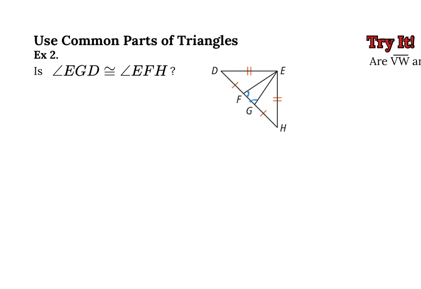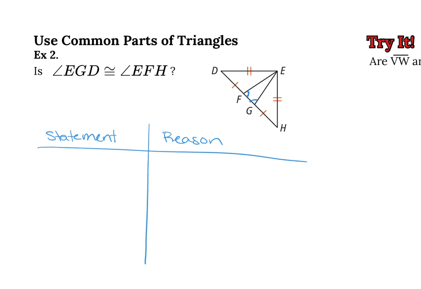All right, so I'm going to do a 2-column proof. I'm going to start off with the information that I'm given. So I know that DE is congruent to EH.